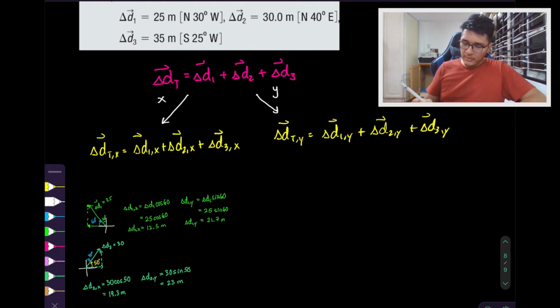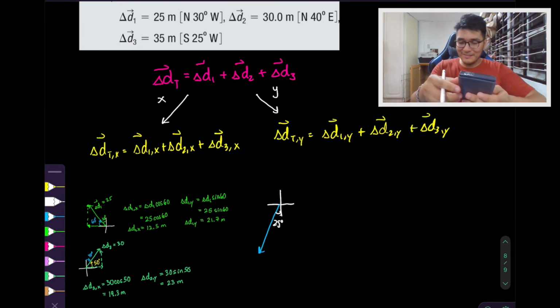And then my third displacement, this one is south, 25 degrees west. Again, they're giving you the angle closest to the y-axis. They're just brutal.